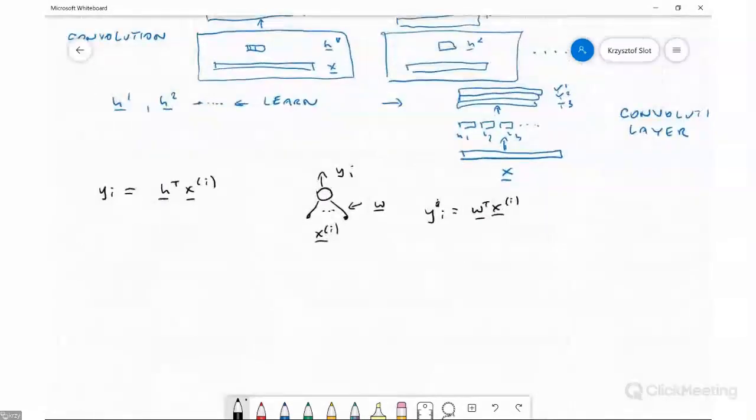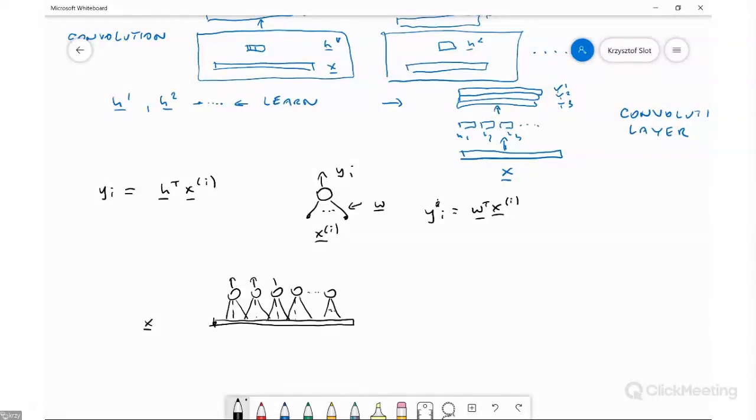So once again, if this is my input, or let's make it again input vector. So this is my input vector. So convolutions can be computed using neurons that are located with some stride, either 1 or 2, depending on the size of this filter.